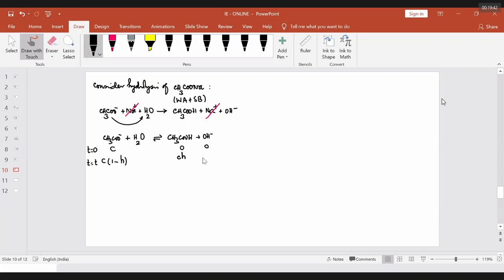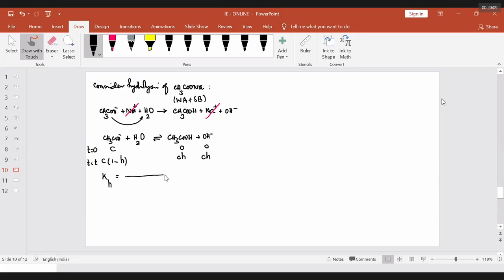Therefore, this is Ch and this is also Ch. Now, let us go for discussion, sir. We are talking about something known as K. We have done Ka, acid ionization constant, Kb, base ionization constant, Kw, ionic product of water. Now it is called Kh. What is this? Hydrolysis constant.